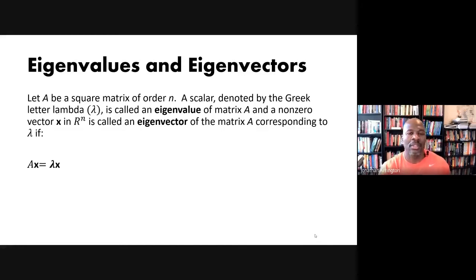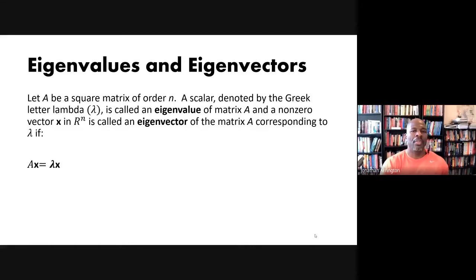However, lambda can be zero. So the eigenvalue can be zero, but the eigenvector cannot. And in the third example that we'll look at, one of the eigenvalues is going to be zero. And I say eigenvalue, but typically there's more than one eigenvalue for a particular matrix.